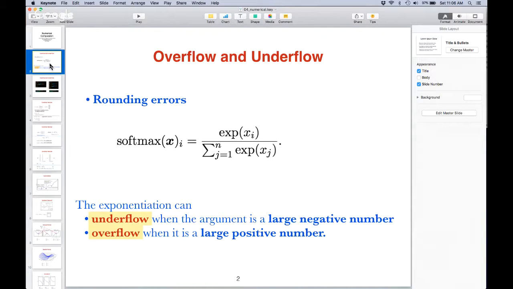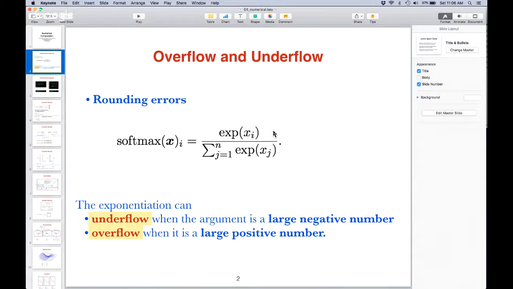In deep learning, we encounter the softmax function pretty often. We encounter it in categorical distributions for multiple categories, like in image classification. The softmax function exponentiates the scores of n many categories.